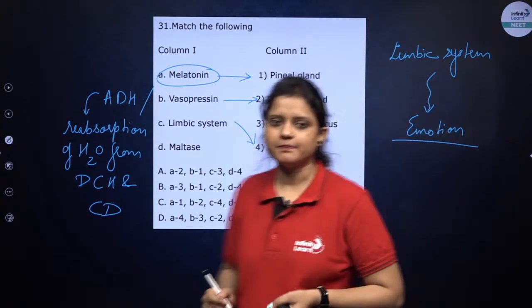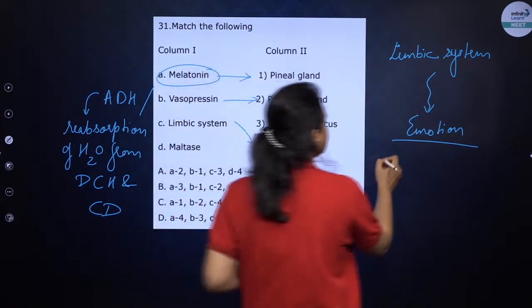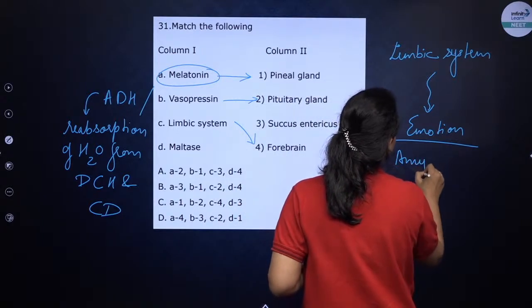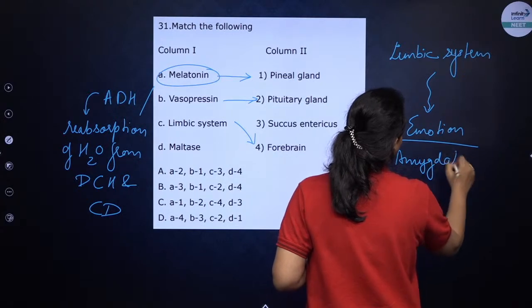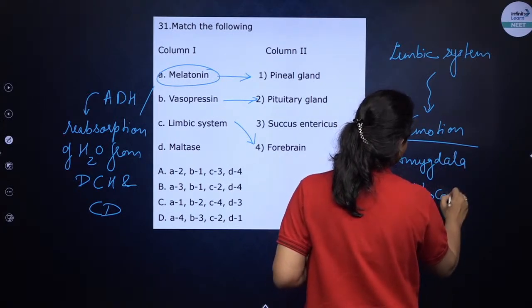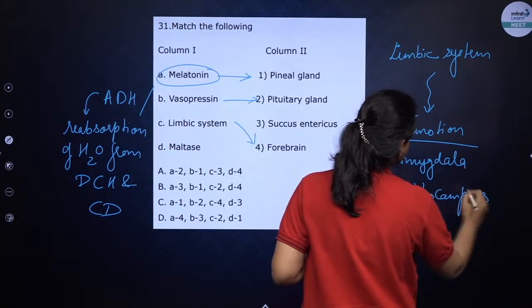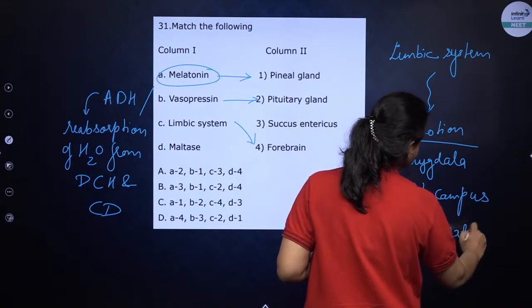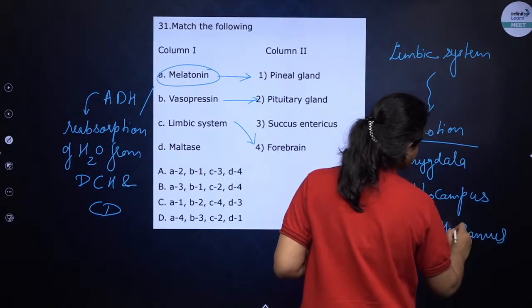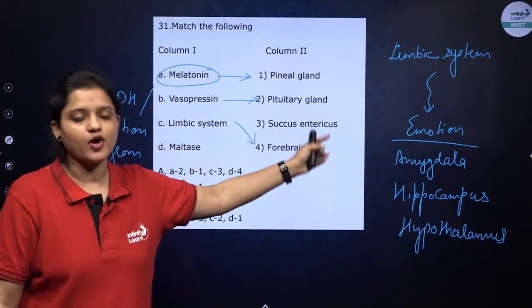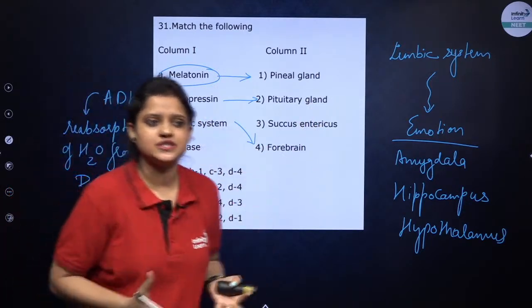Amygdala, hippocampus, these are the parts of our limbic system together with hypothalamus. So these are the parts of our forebrain that will form the limbic system responsible for our emotions.